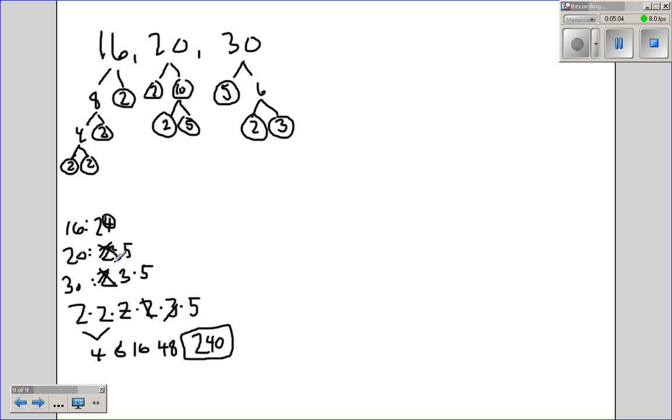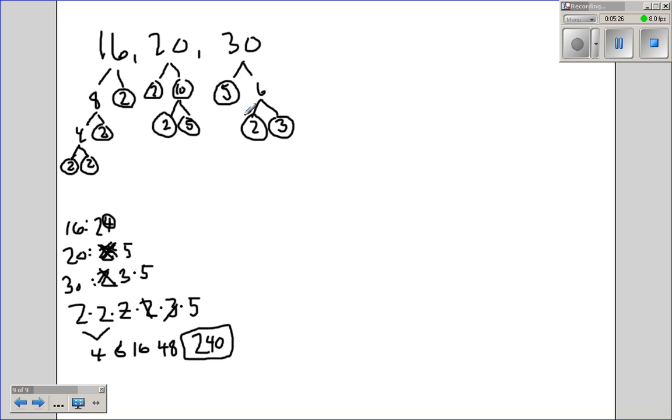So 20 was 2 to the second power, and we cross this out because 2 to the fourth is the higher power. So we use the higher power. We don't use this because 2 to the second is already included in that 2 to the fourth. All right, but we can't forget our 5. We're going to keep that guy in there.